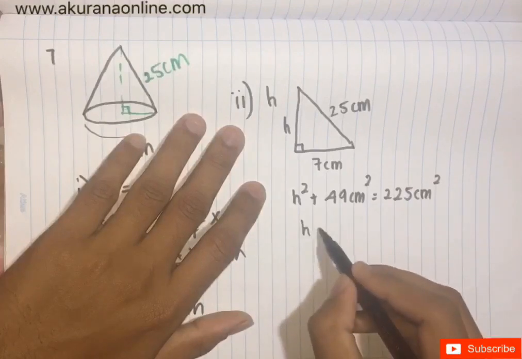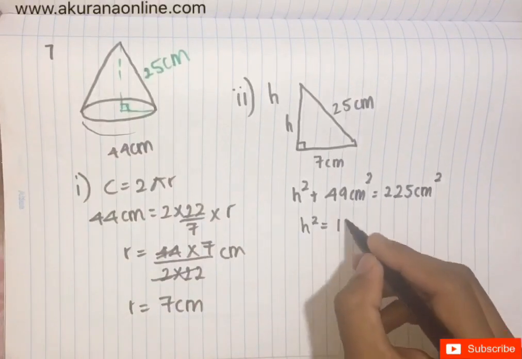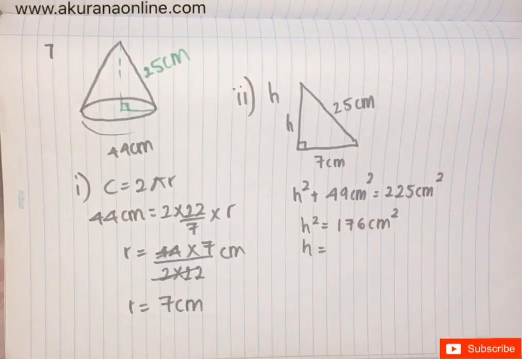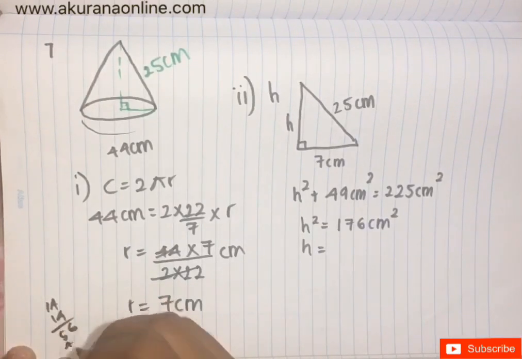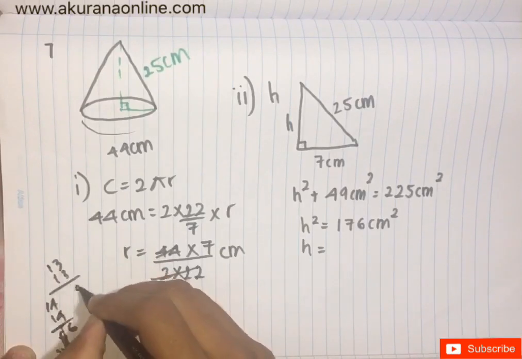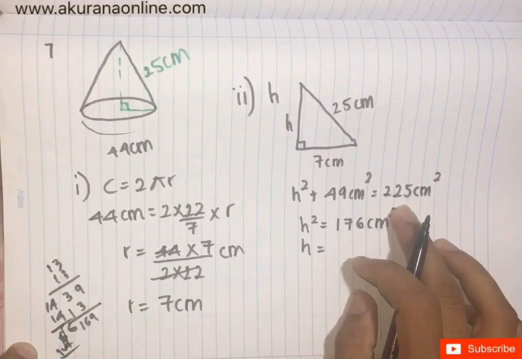Therefore, h squared is equal to 225 minus 49, you get 176 centimeters squared. Therefore, h is equal to how much? Is it 14? No, it's not 14, so there is a mistake in our calculation.